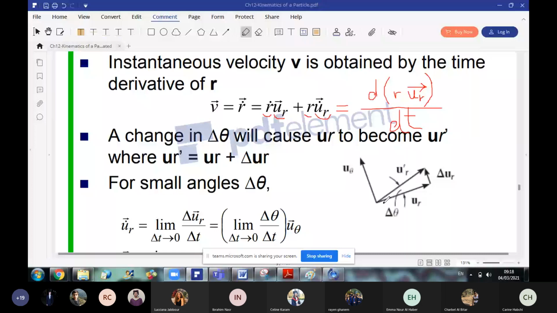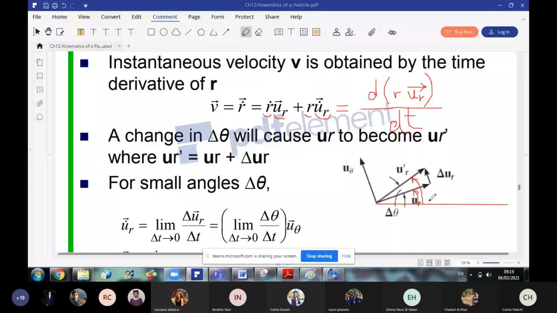Since theta represents the polar coordinate, which is the angle between the reference line and UR, at location 1 this is angle theta 1, and at location 2 this is angle theta 2. So the angle between UR prime and UR is delta theta.